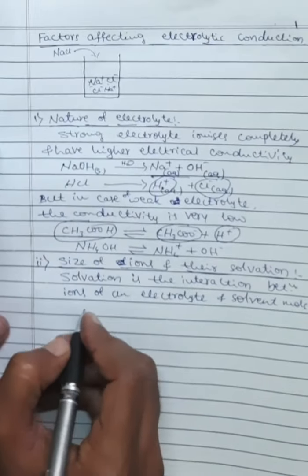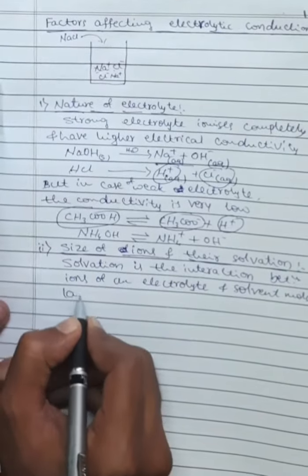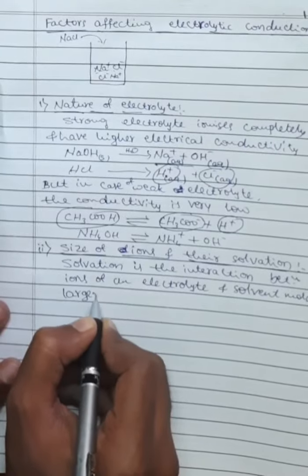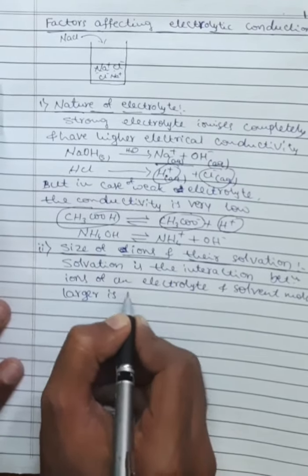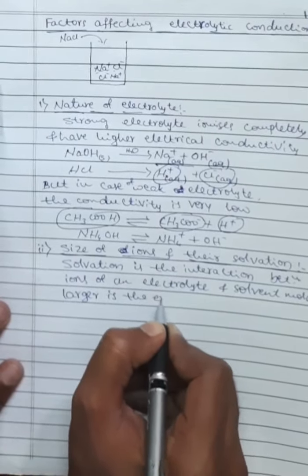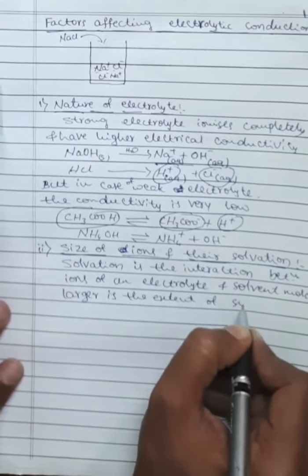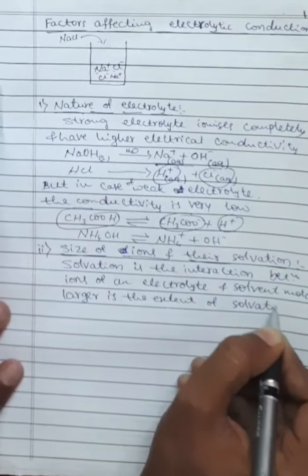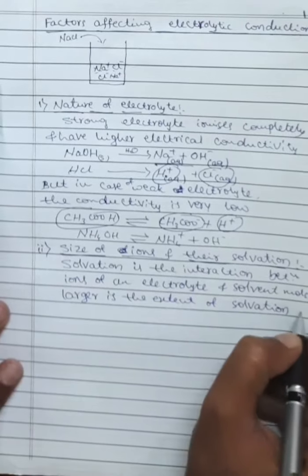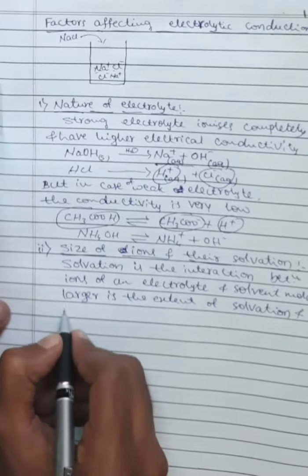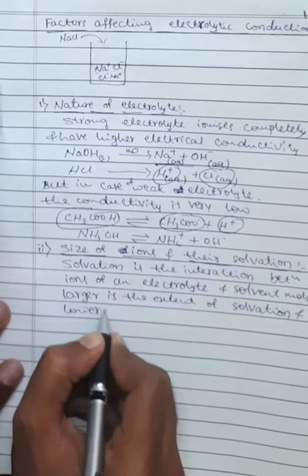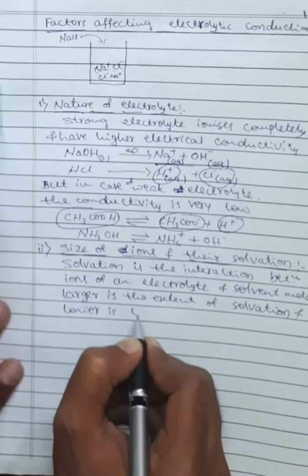Larger is the extent of solvation, lower is the electrical conductivity.